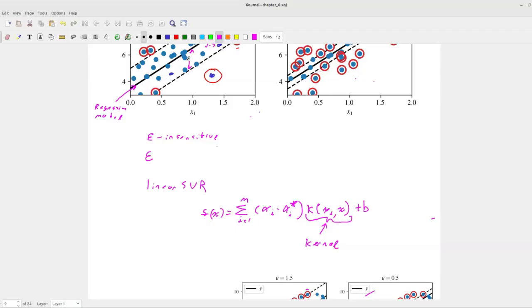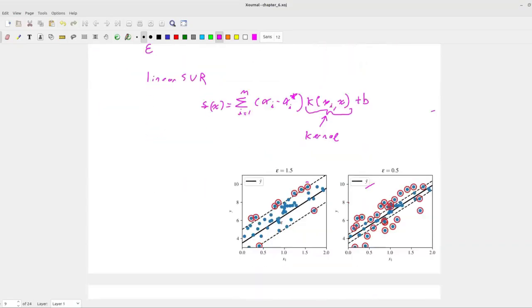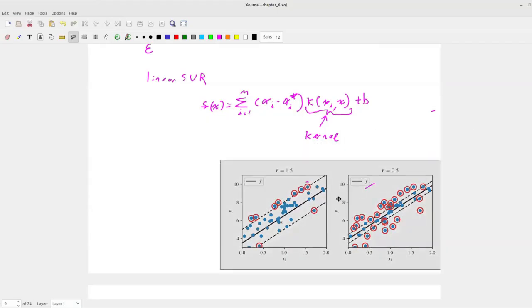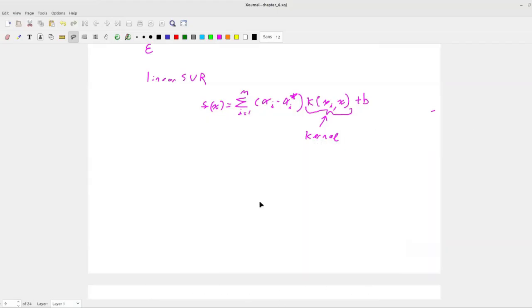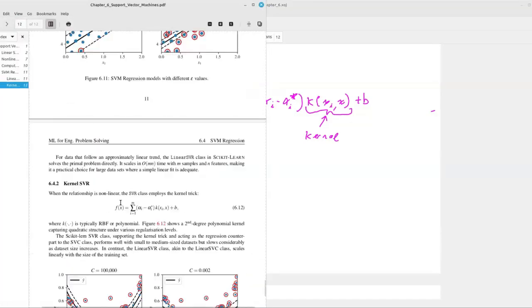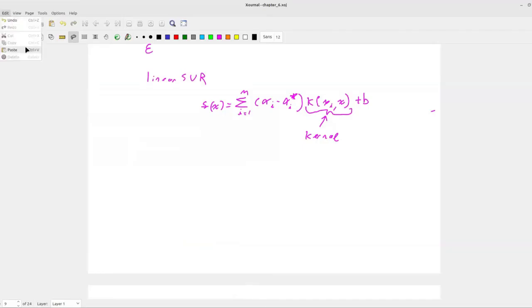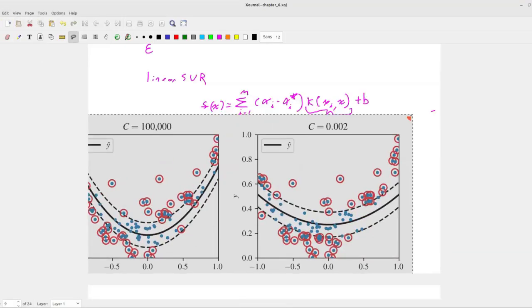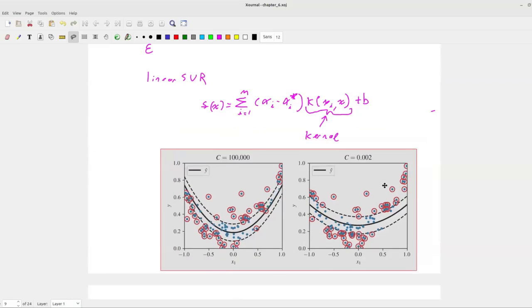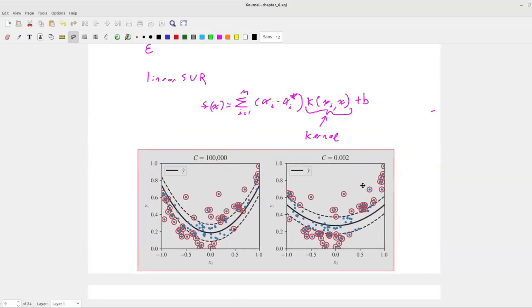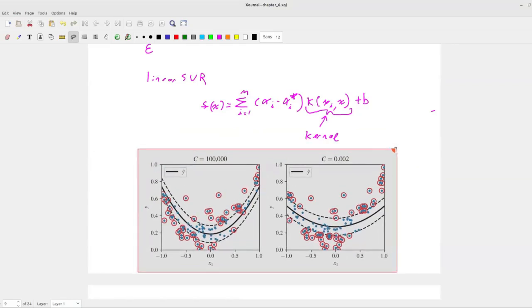Now there are several different kernels that we can use, RBF or polynomial, and either of them are commonly used, and you can get to either of them in sklearn. But let's go ahead and look at an example of nonlinear regression using SVR in a kernel, right?